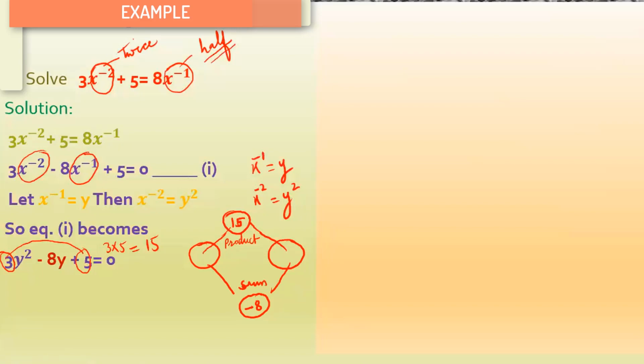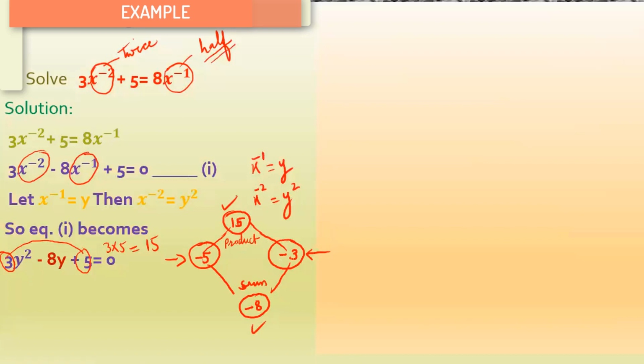Well, the numbers will be minus 5 and minus 3. Why? Because the product of minus 5 and minus 3 is 15, right? And the sum of minus 5 and minus 3 is minus 8. Both are correct.